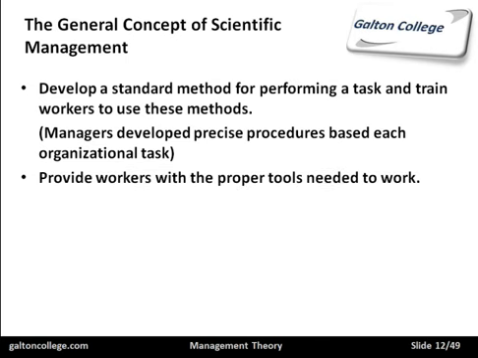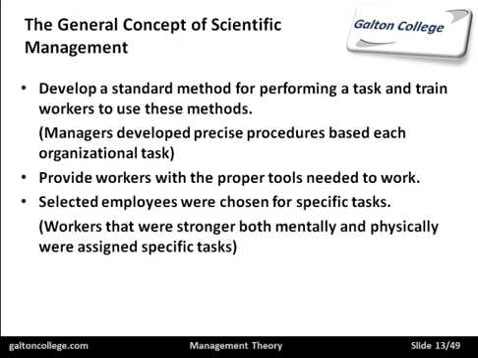Obviously, the workers would have to be given the proper tools and training to give them a fair chance, and they would have to have incentives to work. Also, the employees would have to be selected for particular tasks. They just couldn't be picked randomly and given a task. The task would have to be studied and matched against the abilities, skills, aptitudes, personality of workers.